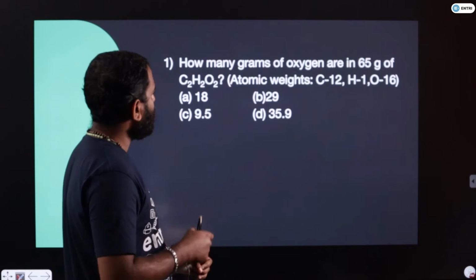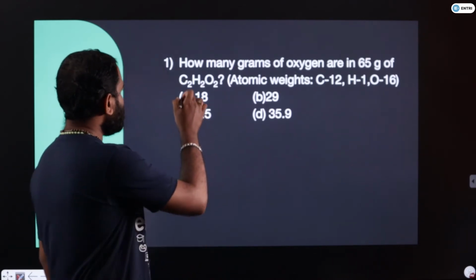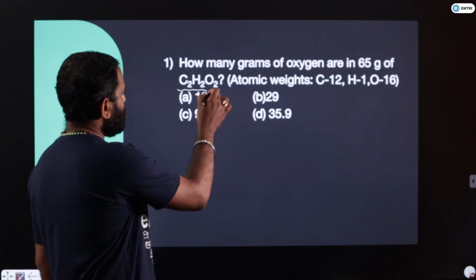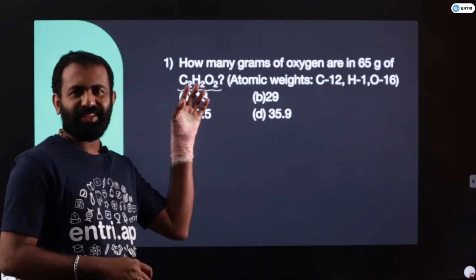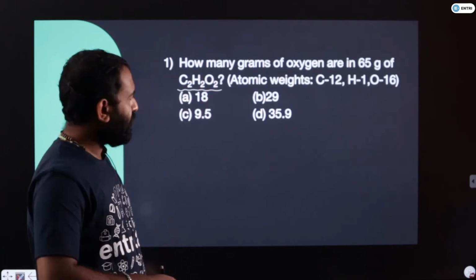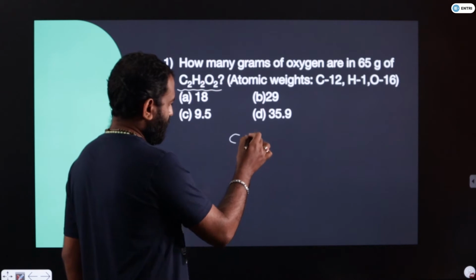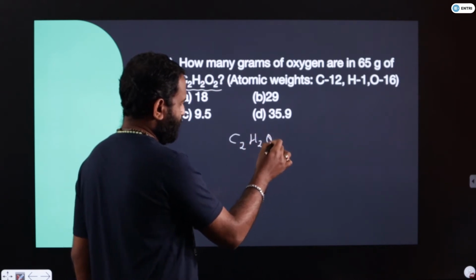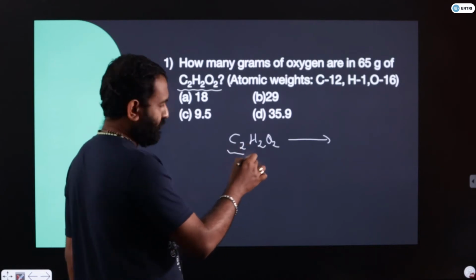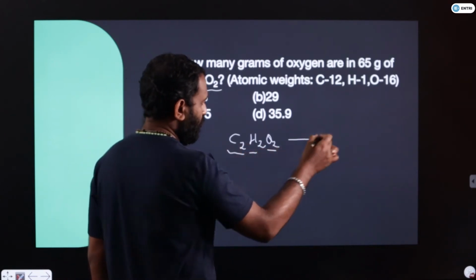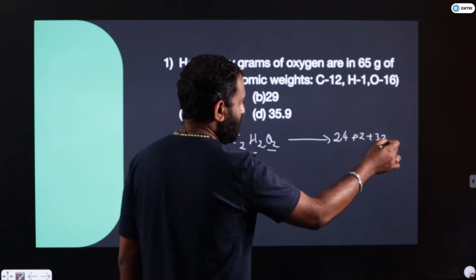Then one simple question: how many grams of oxygen are in 65 gram C2H2O2? This is a previous GATE question, I think from 1998, 1997, that range. So C2H2O2. Here 2 carbon, 2 hydrogen, 2 oxygen. So 24 plus 2 plus 32.